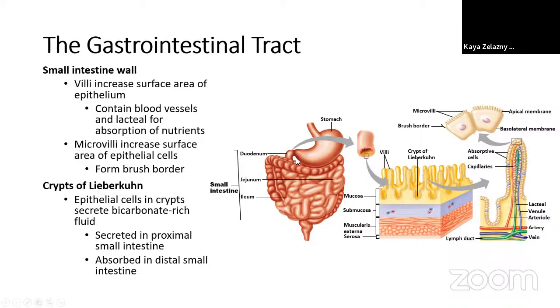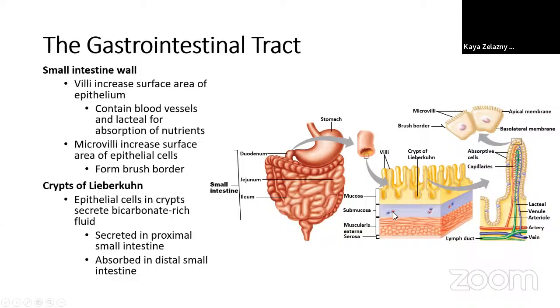If we were to zoom in on the walls of the small intestine, we see these villi, which are increasing the surface area. We can fit a lot more cells along these projections, right? We have more space. And there are also going to be blood vessels within this wall, and something called a lacteal, which we'll talk about as we talk about fat absorption, that's in this wall as well.